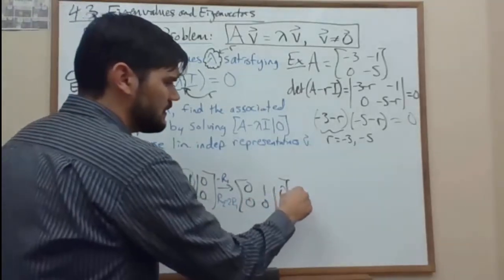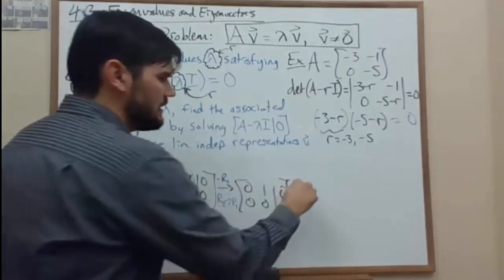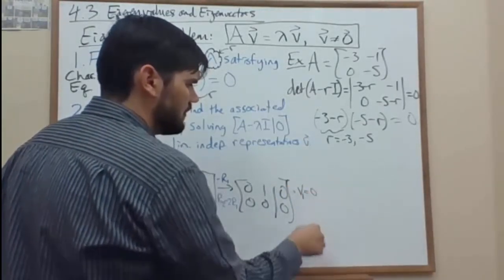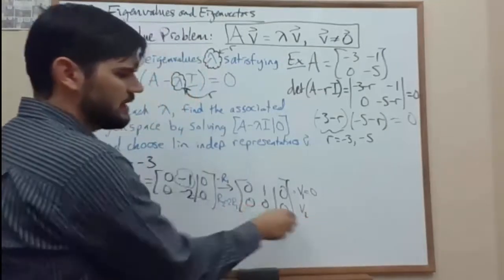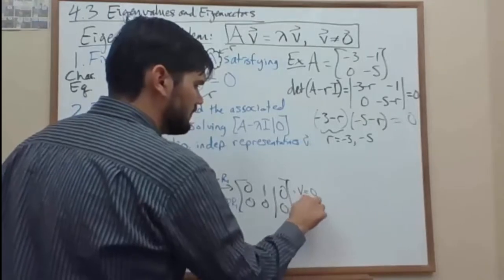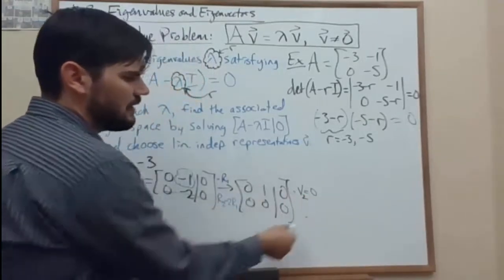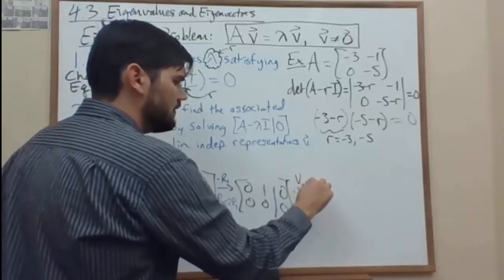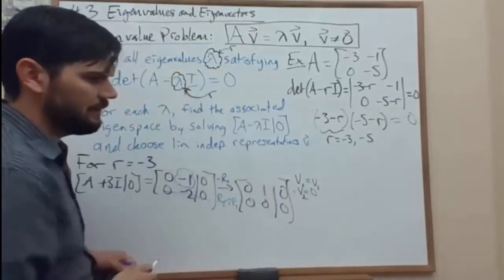And what this first equation says is that V2 equals 0. The second equation says nothing, but we know that there's a free variable in V1, so V1 is free.